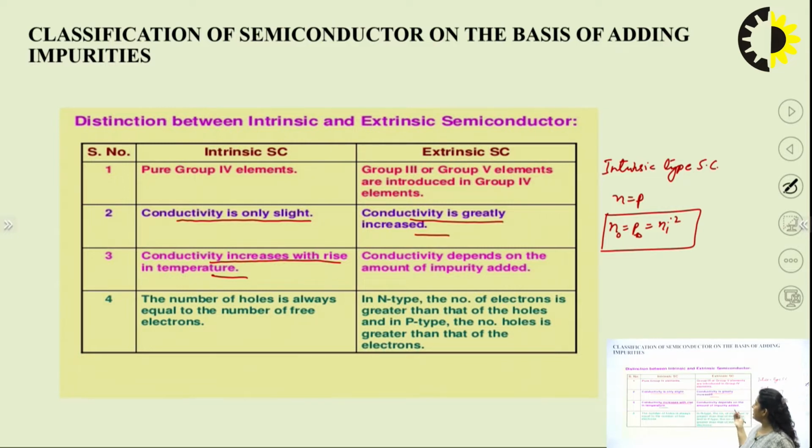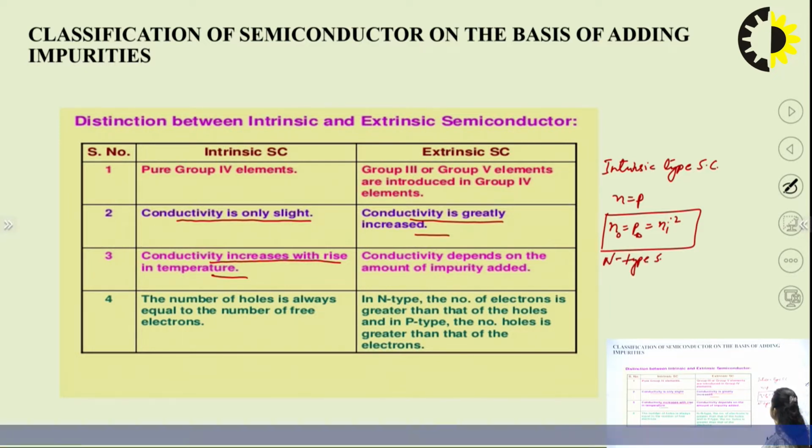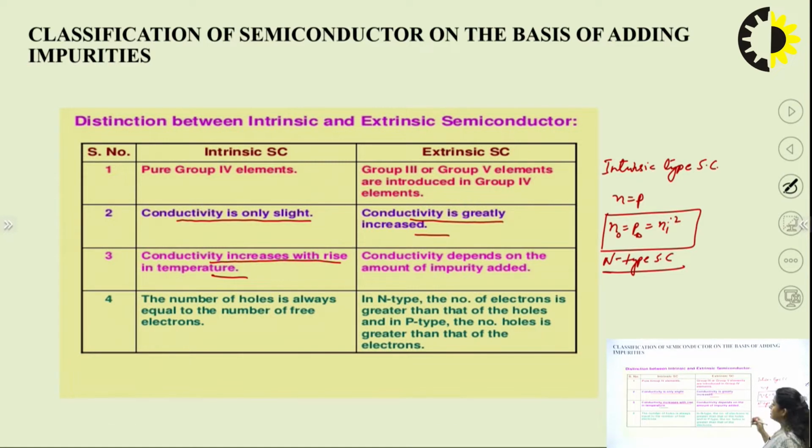In the case of the extrinsic type semiconductor, in N type semiconductors, the number of electrons is more compared to the number of holes.